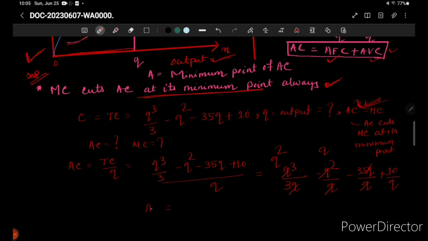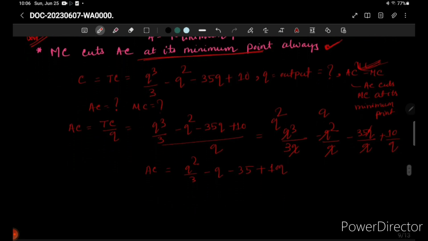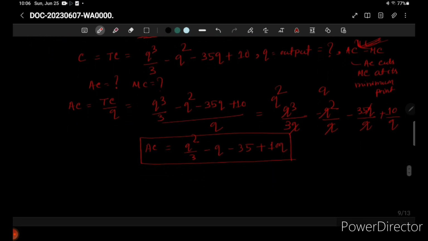So here AC is equal to Q square divided by 3 minus Q minus 35 plus 10 by Q. Okay, and this is the AC function. So I'll put it in a box.